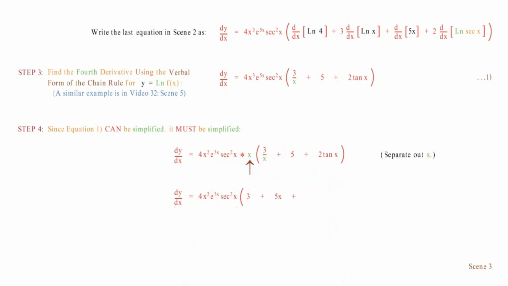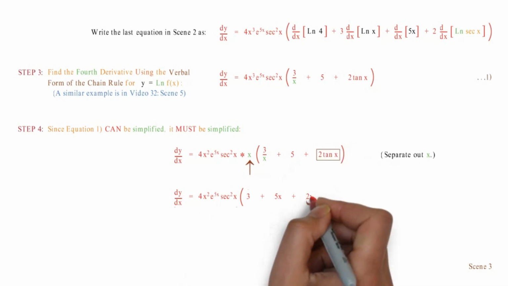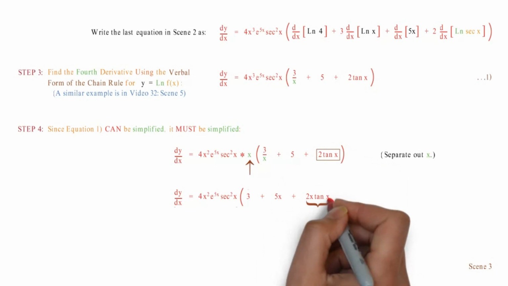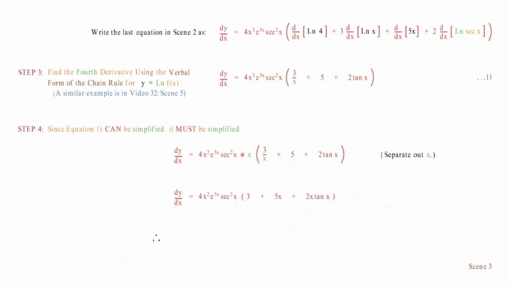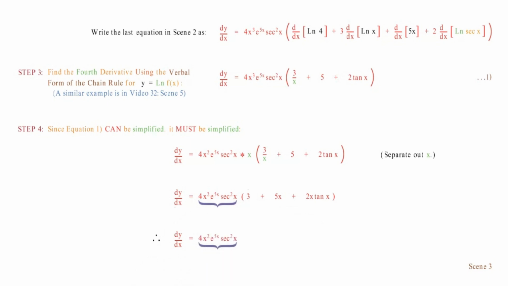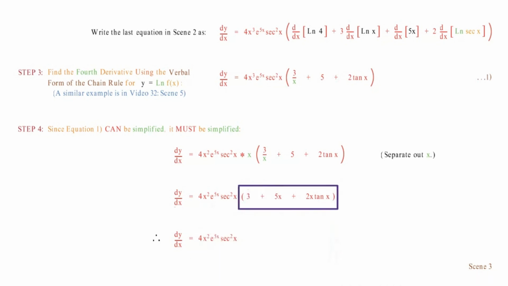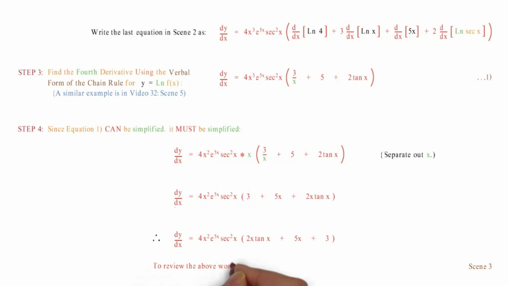X times 2 tan of x is 2x tan of x. Therefore, dy by dx equals bring down. Bring this entire bracket down as. To review the above working, you should pause this video now.